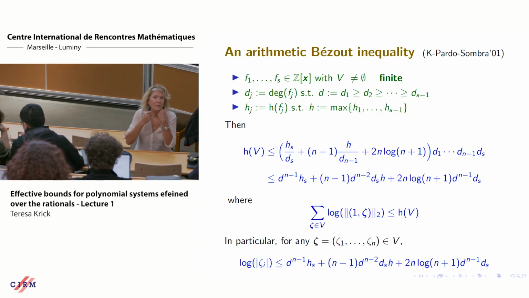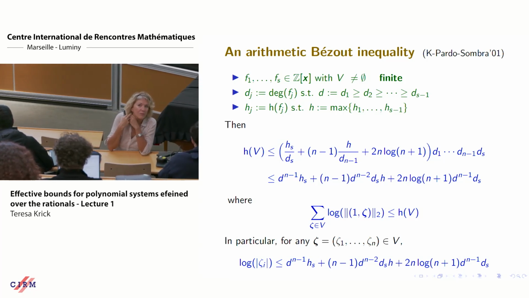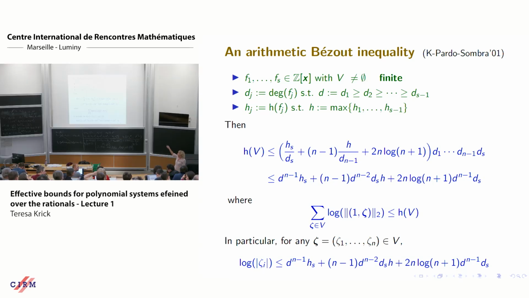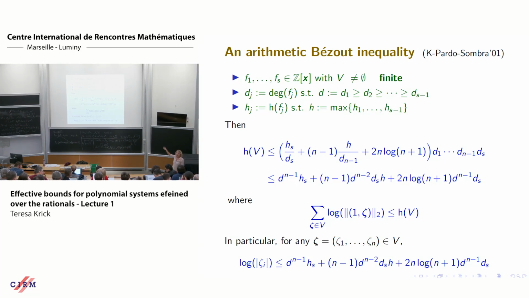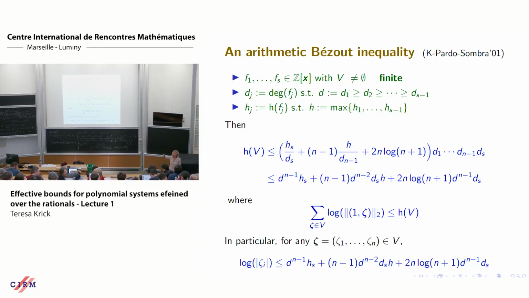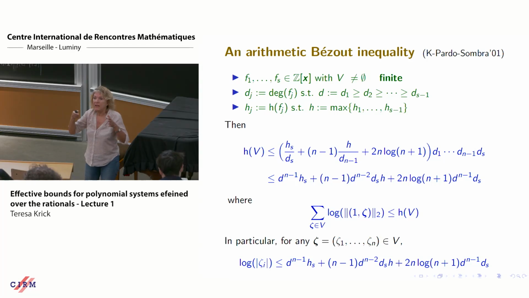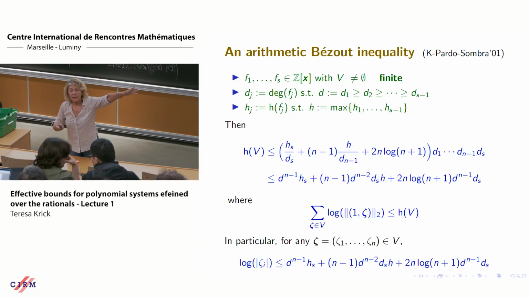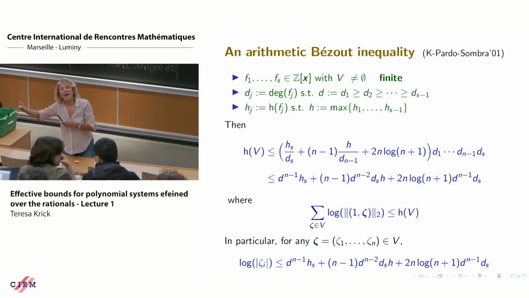I was just wondering if you consider non-archimedean valuations, is it easier somehow? For example, p-adic valuation? When we derived this, we considered local heights. So all this is done using local definitions of heights of varieties. If you have a variety defined over Q, you have the ordinary absolute value coming from R, and then you have the local absolute values coming from the prime numbers.